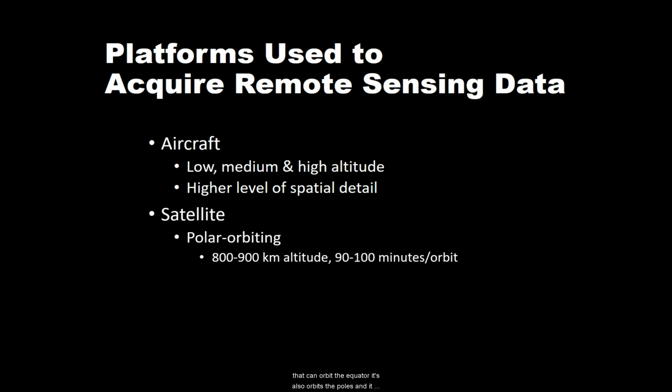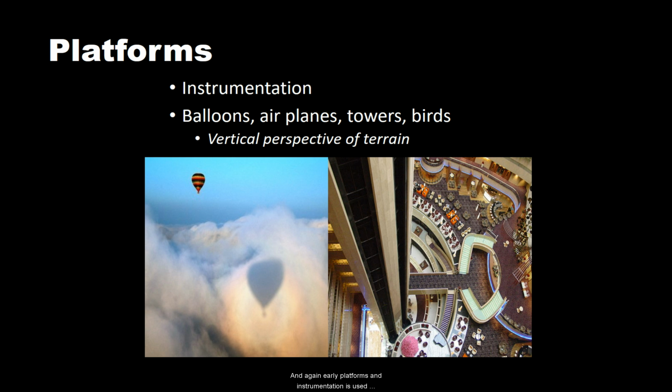It can also orbit the poles, and it can maintain at an altitude of about 800 to 900 kilometers. And again, early platforms and instrumentations used was collecting information up in hot air balloons, providing a vertical perspective. As I mentioned, also pigeons were used, and even just climbing up on the highest tower to get an aerial view.